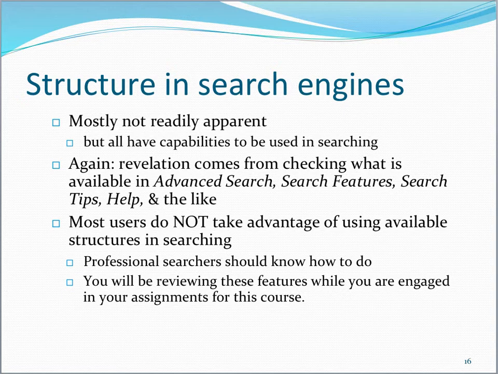Of course, most users do not take advantage of advanced search, so they don't use available structures in searching, and by available structures we mean what fields are indexed. But we, as professionals, as librarians, should be able to use the advanced search to do our searching more proficiently.